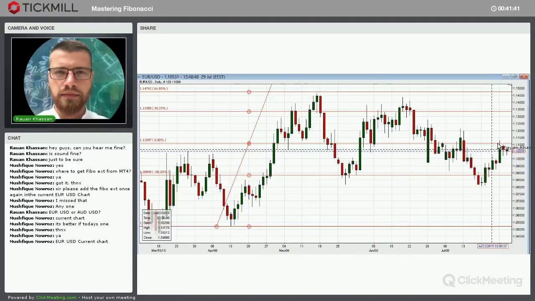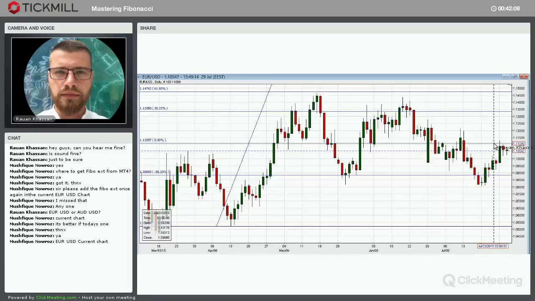And it seems that just 2 days ago, this static resistance was tested and wasn't taken out. So if you are trading Euro dollar currently, I would suggest you to watch closely the 1.1109 level. Once we are staying below it, it's likely that the downside will continue.